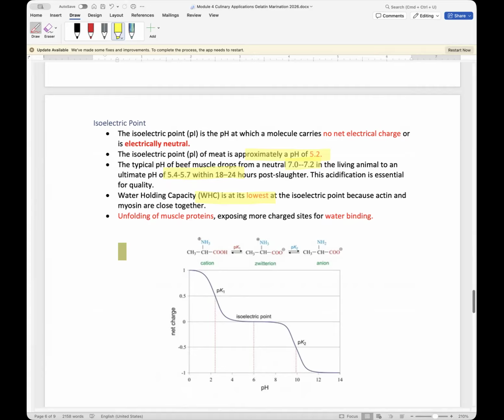In order to get more water, we either have to make it more acidic, or we can add a phosphate. Because it is acidic, if we add a base, we can move up the pH a little bit and increase the water holding capacity.